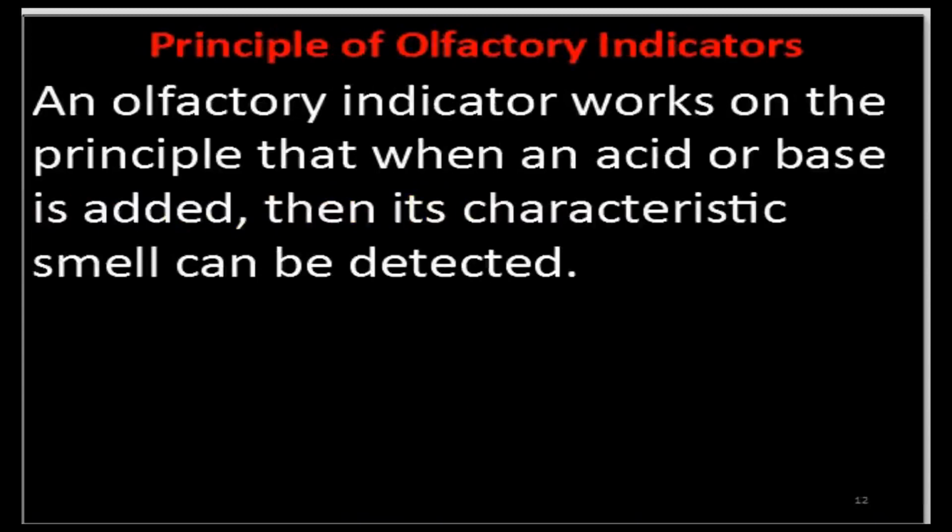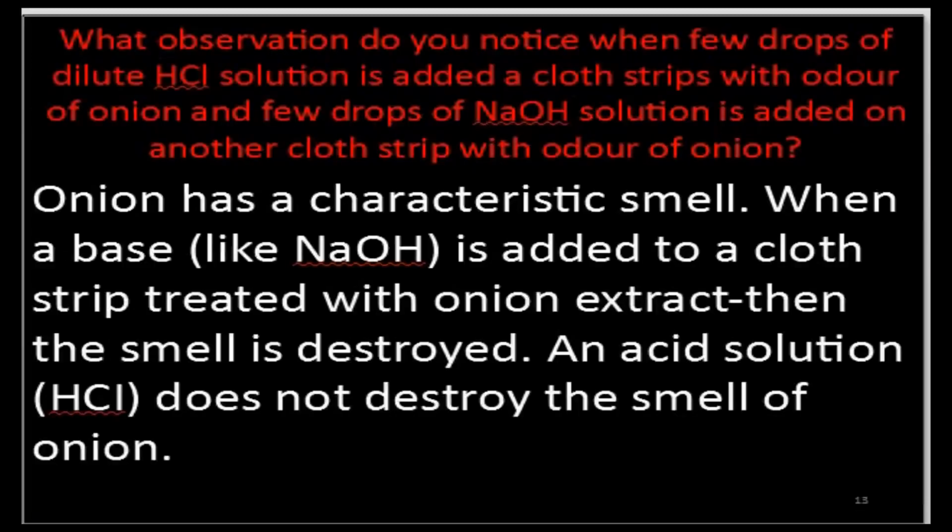Principle of olfactory indicators. An olfactory indicator works on the principle that when an acid or base is added, its characteristic smell can be detected. What observation do you notice when a few drops of dilute hydrochloric acid solution are added on a cloth strip with the odor of onion, and a few drops of sodium hydroxide solution are added on another cloth strip with the odor of onion?